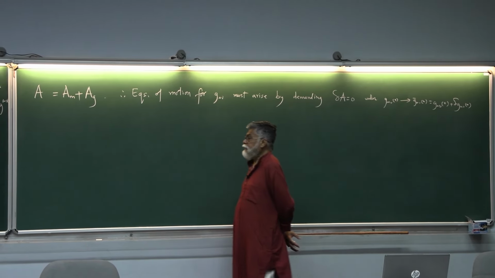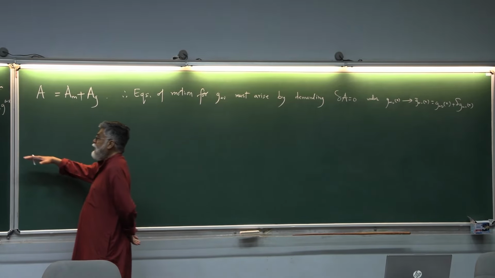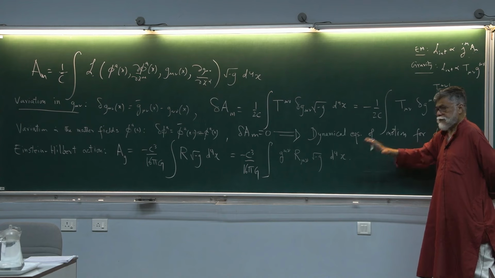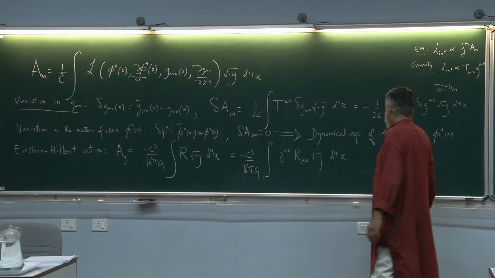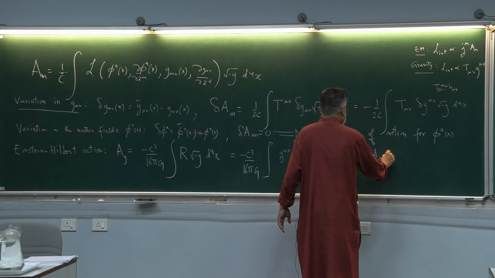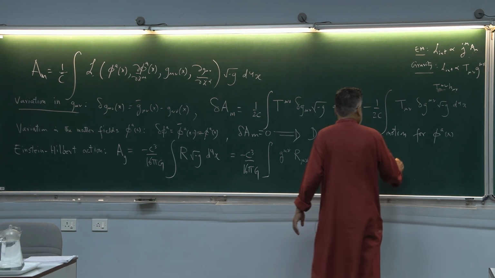We have already seen how the matter action varies under G mu nu. Now we will do the same for the gravity action. So we will say delta A of G. Now we are varying with respect to G mu nu.